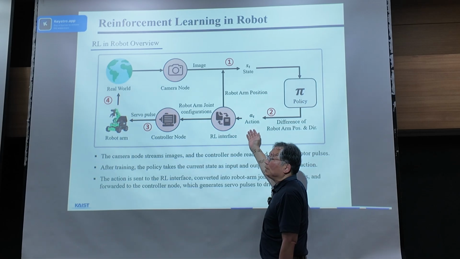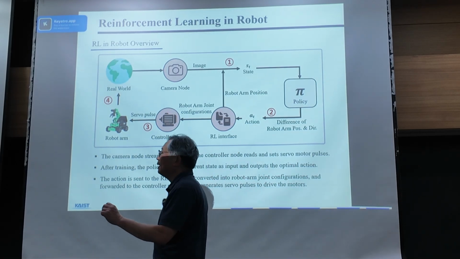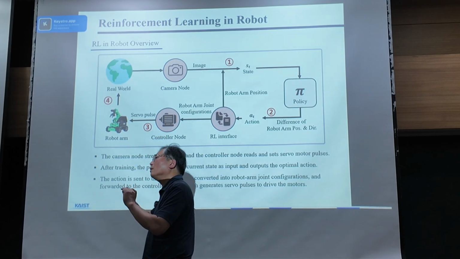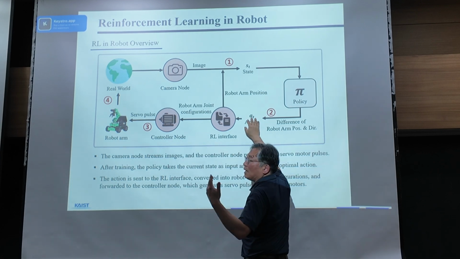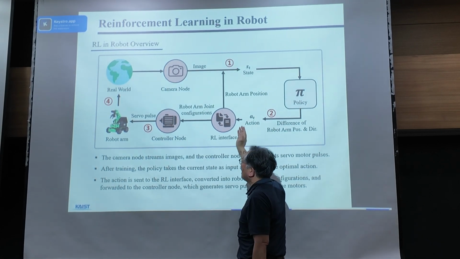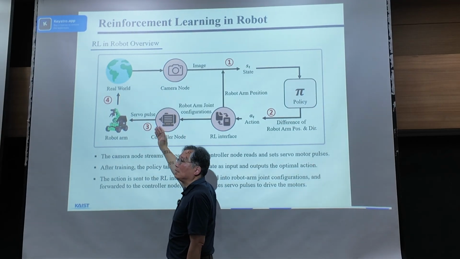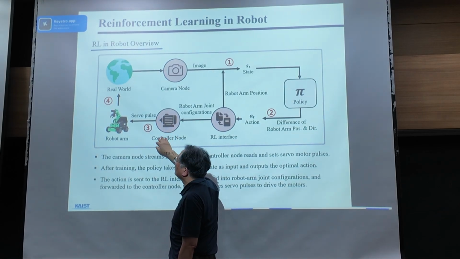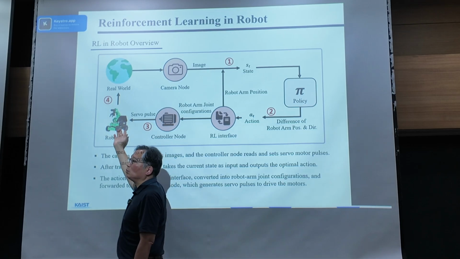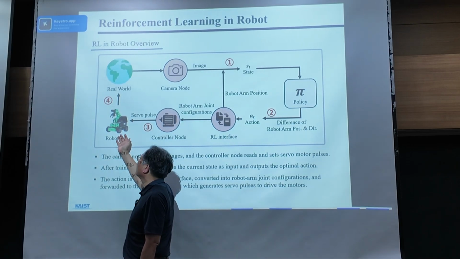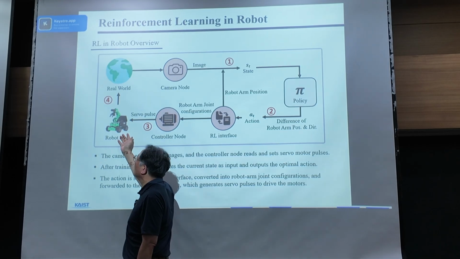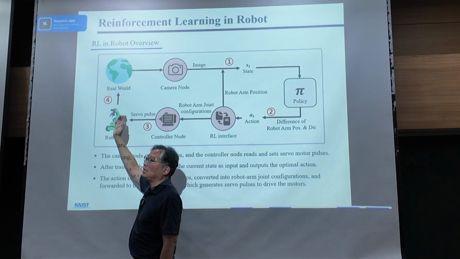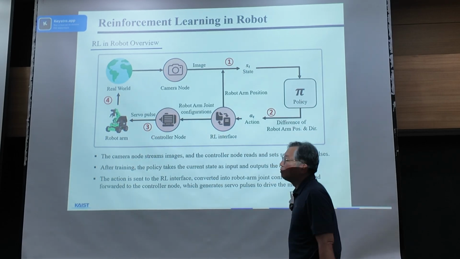And this action is not exactly in terms of the motor angle, or it says left, right, or whatever, and that needs to be converted into a statement that the motor understands. The robot moves, meaning it takes the action that the reinforcement learning tells you, and the state changes. Okay?